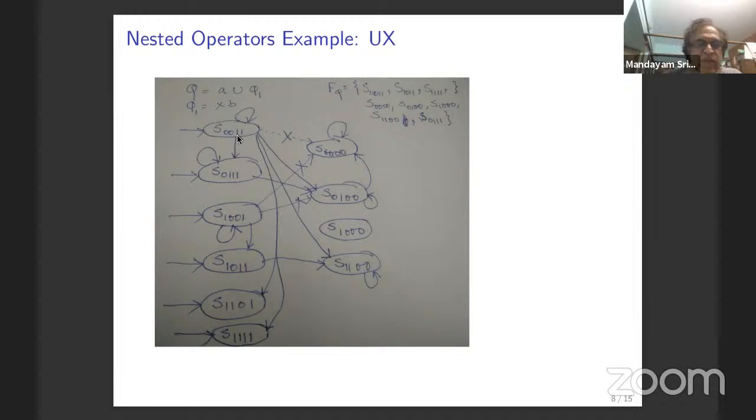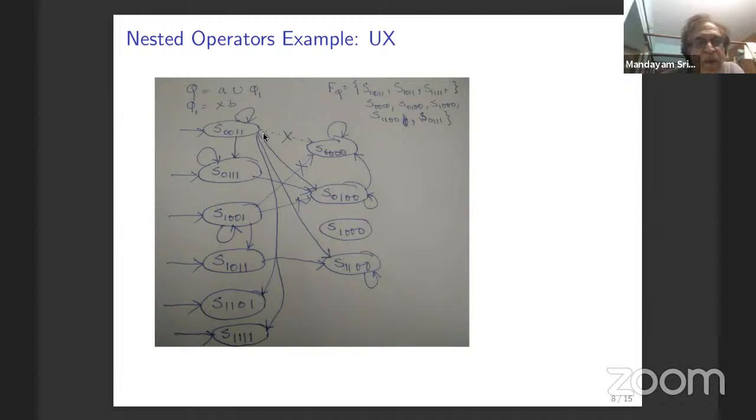Since it has phi 1, as per the rule of X, there must be a transition from this state to a successor state in which B is 1, correct?